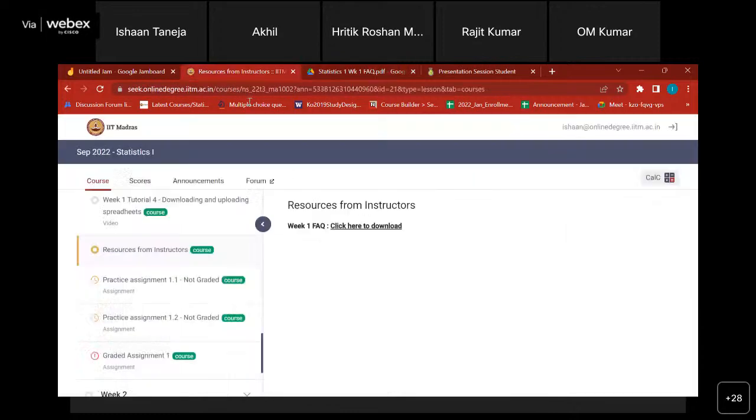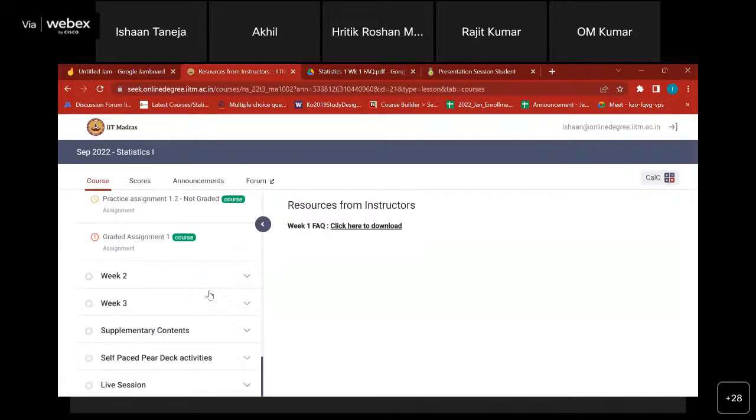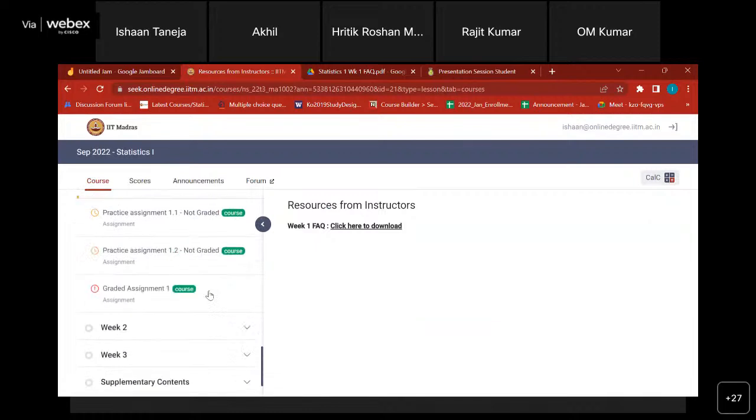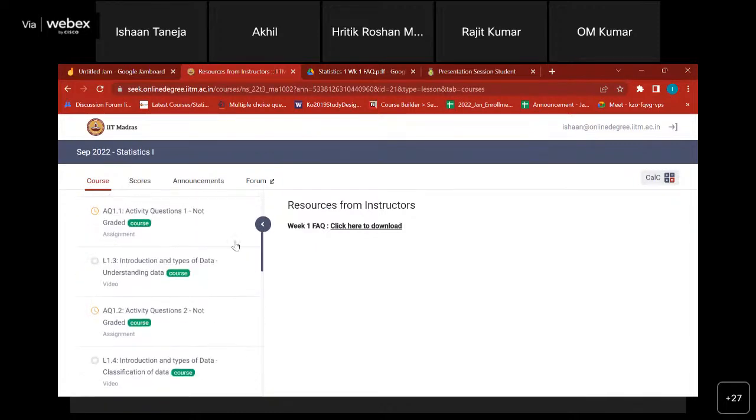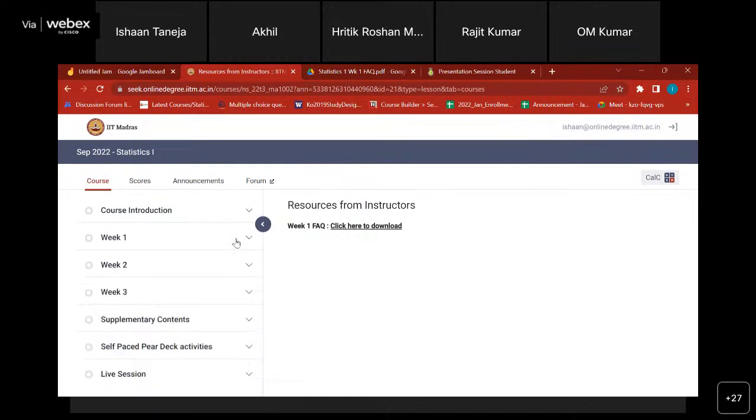Sir, is there any book which is in coordination with the course, as the lectures cover? Yeah, we instructors are writing a book. For weeks 1 and 2, we will release it hopefully by the end of this week. We are working on it. For the last 6 or 7 weeks, we have it completed. As soon as we reach that week, it will be released. For the first 4 weeks, it will be released.